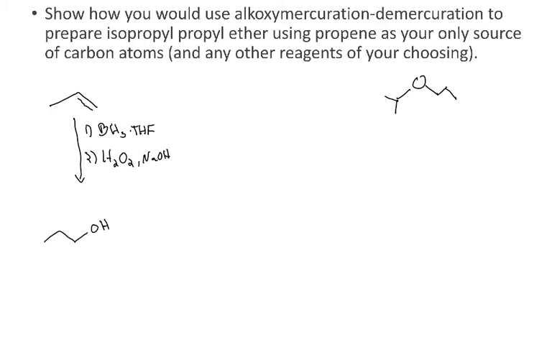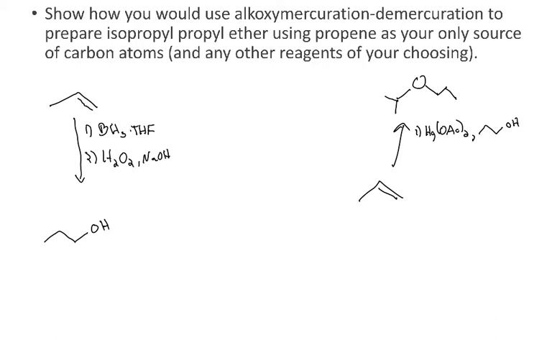And so then to make this ether, I can start with my propene, and then to get the alkoxymercuration demercuration, the only difference between this and the reaction we learned last semester is rather than using water, I'm going to use the alcohol that I want.